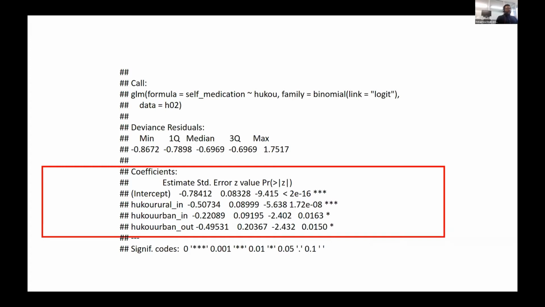On the basis of that, you can interpret this model as comparing to the rural out type, that is the migrants from the villages: rural in decreases the chance, because the estimated coefficient is negative, of taking self-medication by 0.507. Urban in, that is the local urban people, decreases the chance of taking self-medication by 0.221, and the migrants from urban areas decrease the chance of taking self-medication by 0.495.